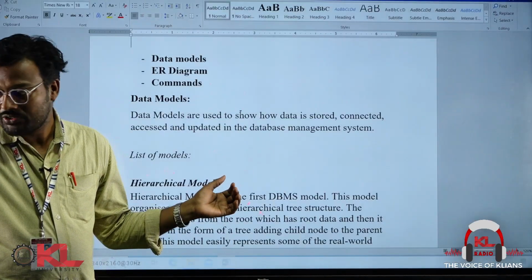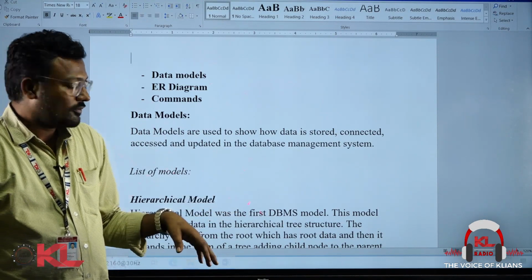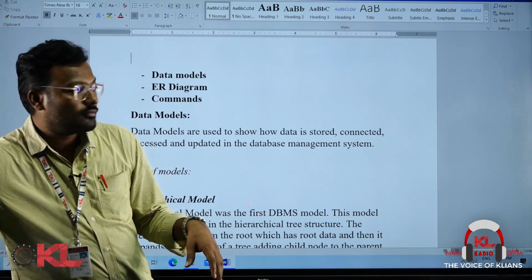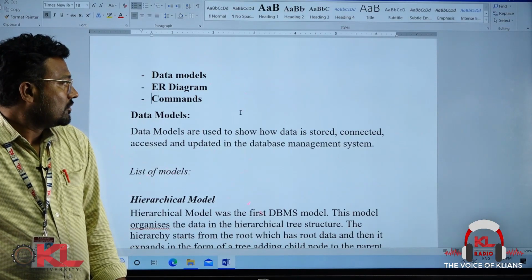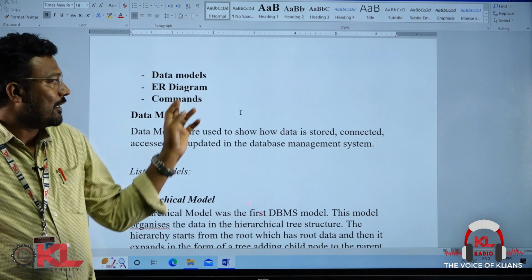That also we are going to see. First, data models: now we are discussing the data models only.